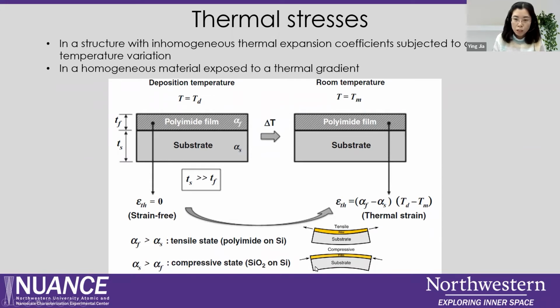If the substrate shrinks more, the edge of the substrate will curve down, and this is a compressive state. Examples of those two states: if you deposit polyimide on silicon, you will have tensile, and if you deposit silicon oxide on silicon, it's going to be a compressive state. This is totally defined by the thermal coefficient of the film and the substrate.